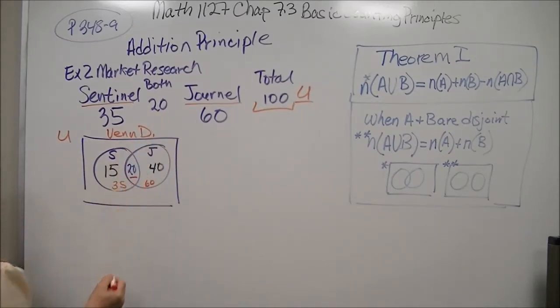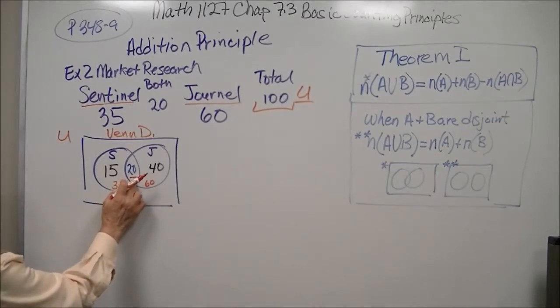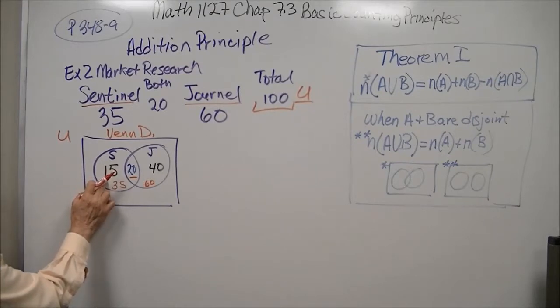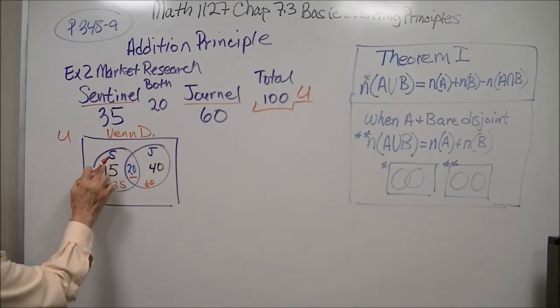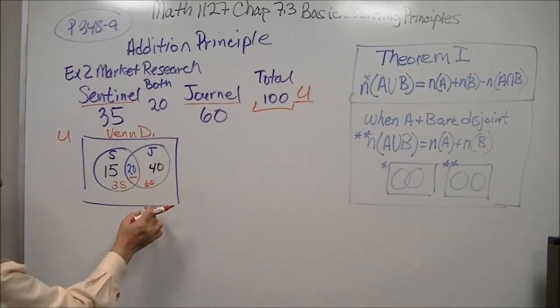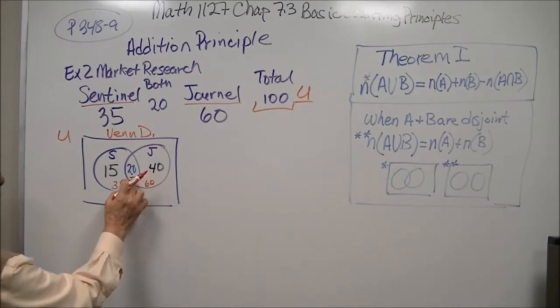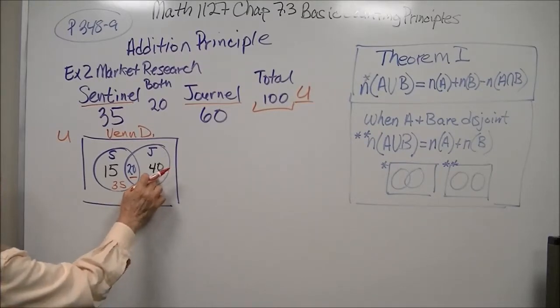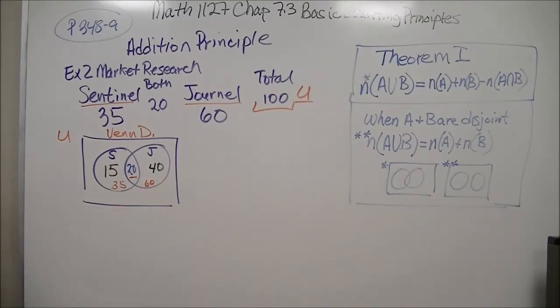That's your 20 individuals. Then you subtract the 20 from the 35, and that gives you the 15 that just read the Sentinel. If you do the same thing on this side, subtract the 20 from the 60, that gives you the 40 that just read the Journal.